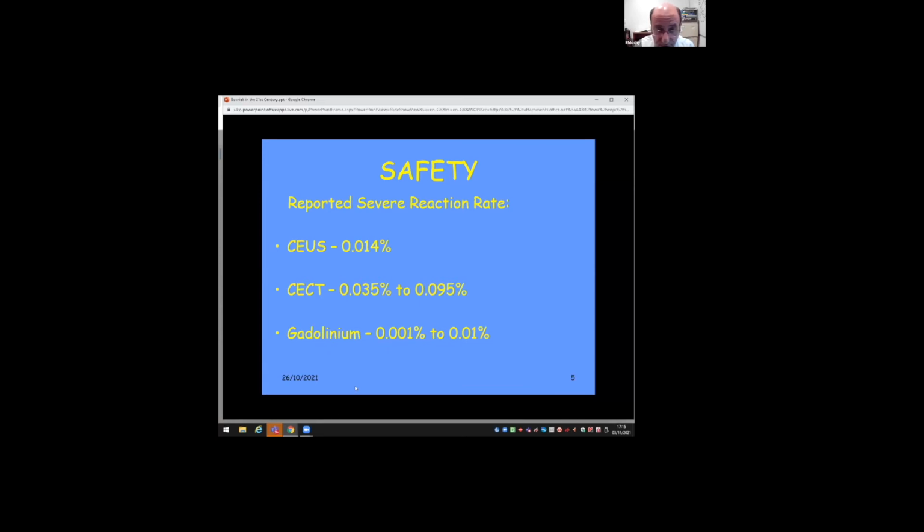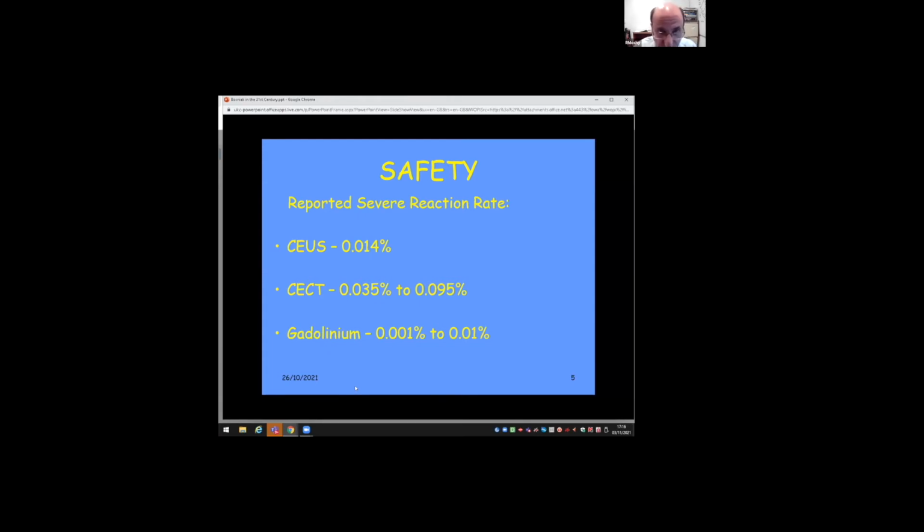If you don't know what cavitation is, you can always ask me at the end, or go and look it up. But even then, there is a debate about it, but it's supposedly much less dangerous, if you like, to use that word, I'm using it deliberately, than the other contrast agents specified there.